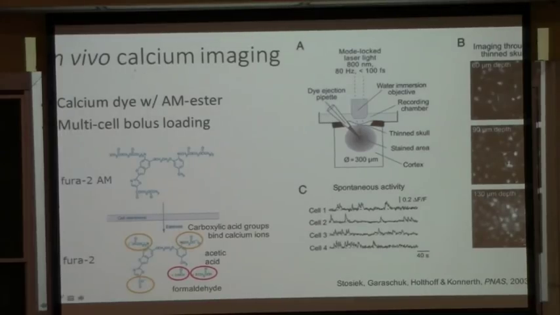So calcium imaging uses a calcium dye or a calcium indicator to bind those calciums, and when it goes into the cell, it will be able to show where your cell is firing, where the excited neuron is.